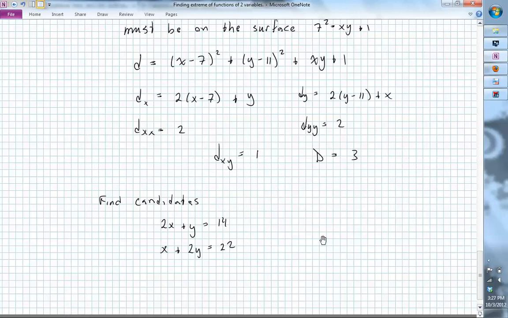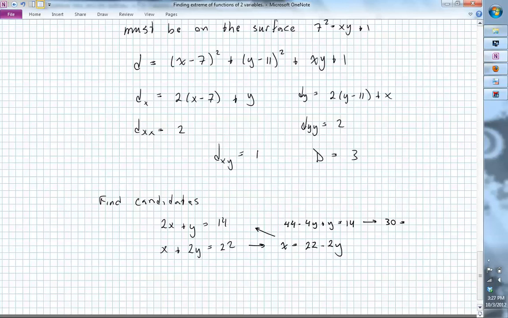These are linear equations, so this is pretty straightforward to solve. Again, I'd recommend just solving for one variable and substituting into the other. So let's solve for x here. x is equal to 22 minus 2y, and take that and drop it into the first equation. So now we get 44 minus 4y plus y equals 14.